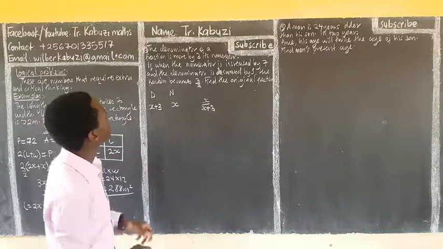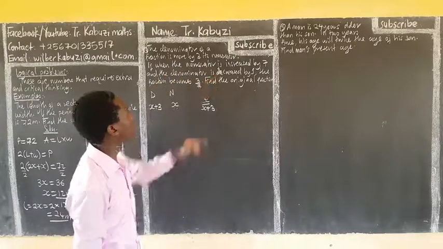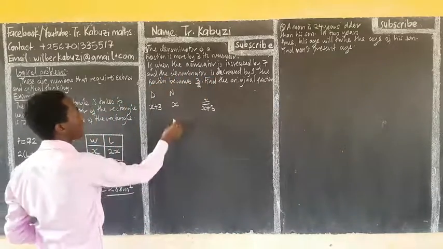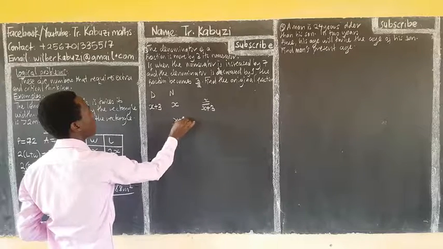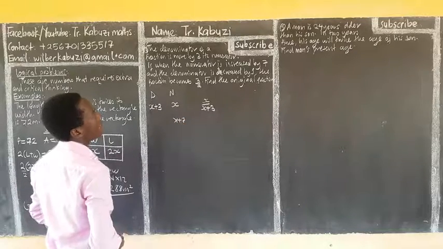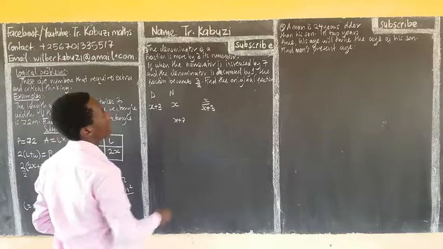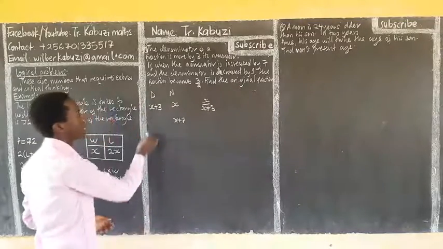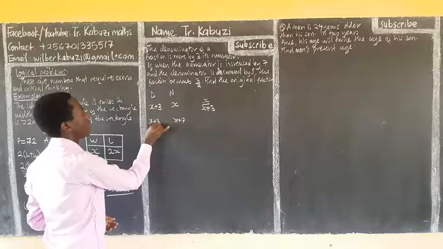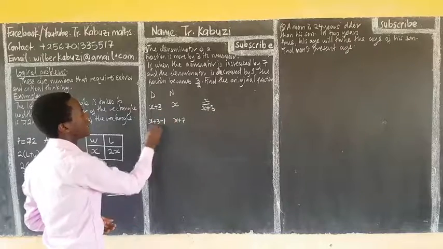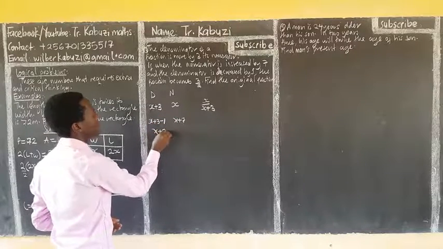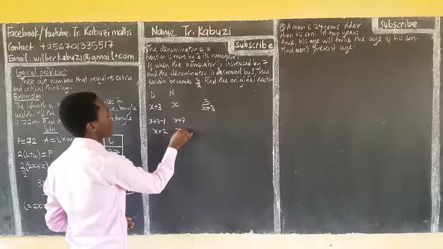Then they are telling us that when the numerator is increased by 7, so you add 7 here. The denominator is decreased by 1. Decrease means you subtract, so x plus 3 minus 1. So you see that here you have x plus 2, then here you have x plus 7.